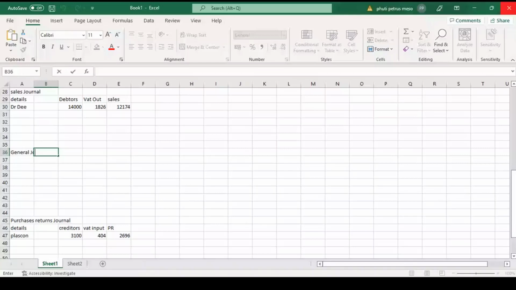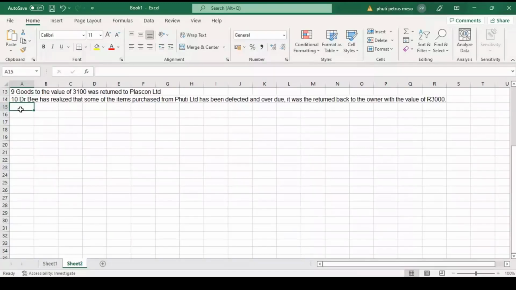If we can look at our work, this is the part that we missed. Unfortunately, I forgot to put the relevant transaction. I'm just going to pick up the transaction quickly. Let me just go to my notes, for example, here we just say number 14.